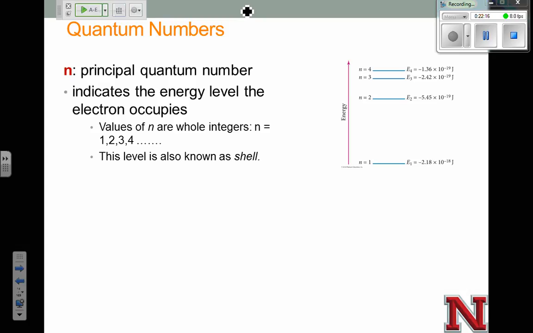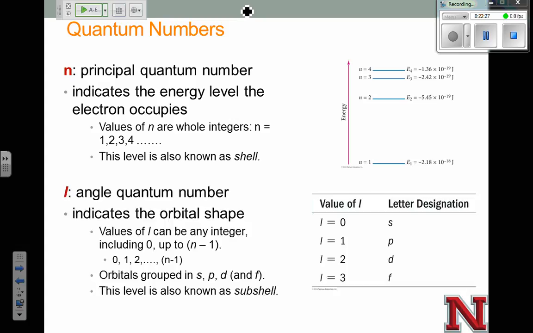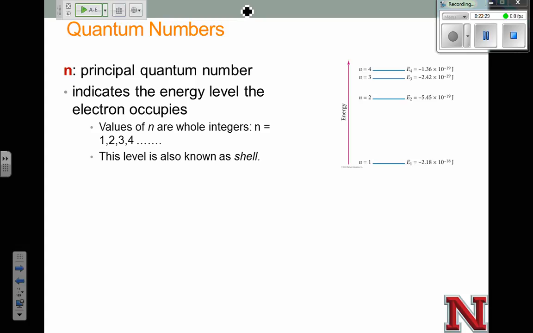So n equals 1 is our lowest energy level. 0 would be the nucleus. n equals 2, etc. And we can use the periodic table to look at that. As we increase that number, our energy increases. Now, carbon, nitrogen, oxygen, fluorine, what row on the periodic table are they in? They're in the second energy level.